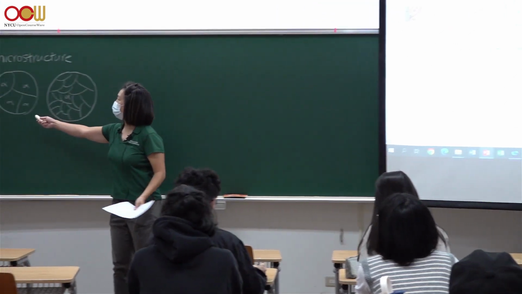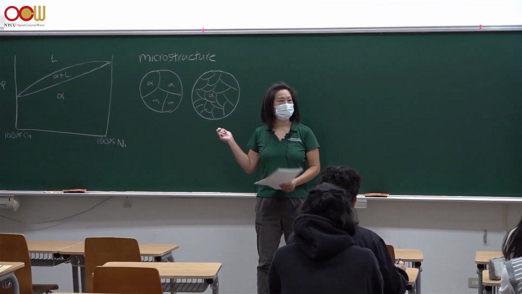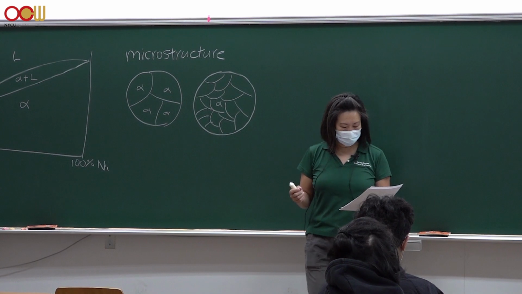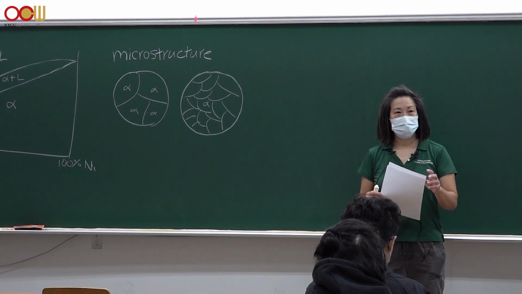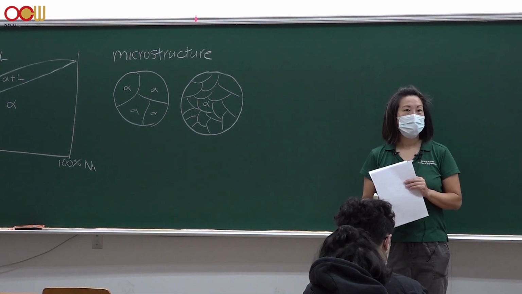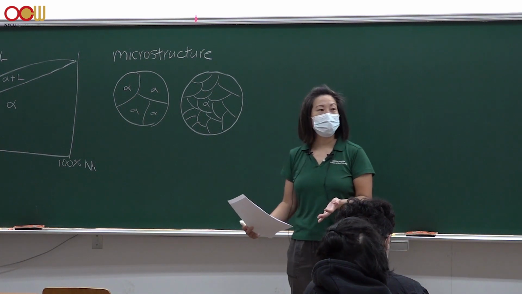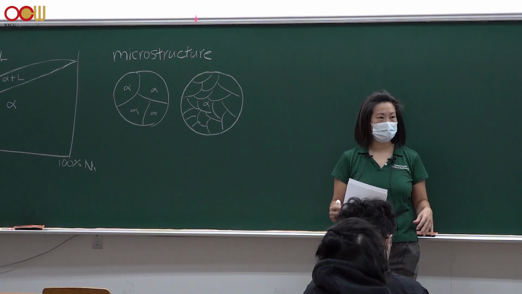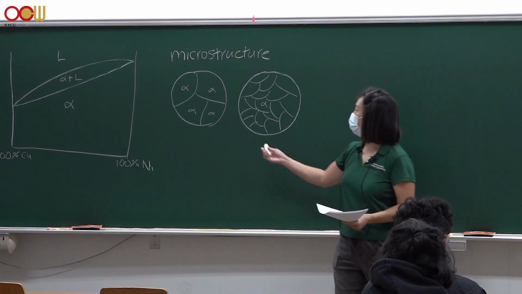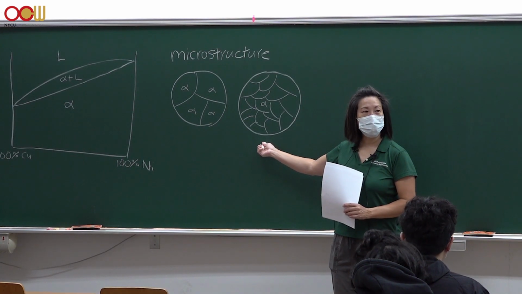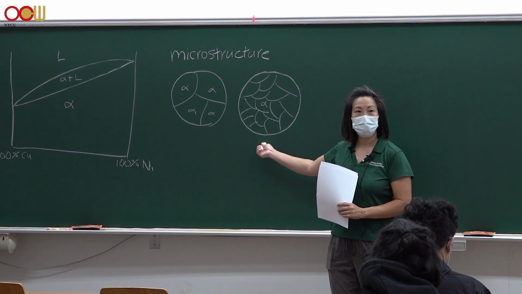And both of these are 100% alpha, right? So what do you think will determine which one of these you'll get? It has to do with kinetics, the rate, how fast you cool something. So the faster you cool, the smaller the grains you will get and the more of them.